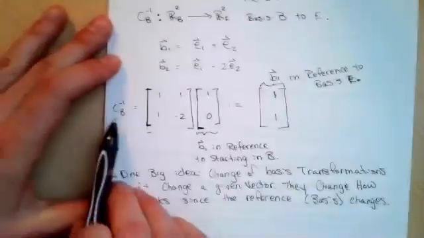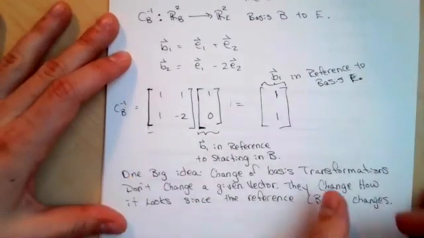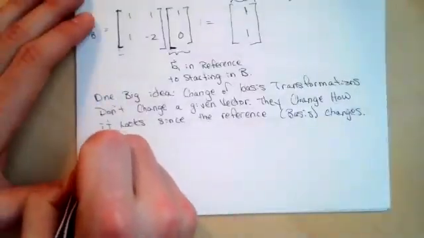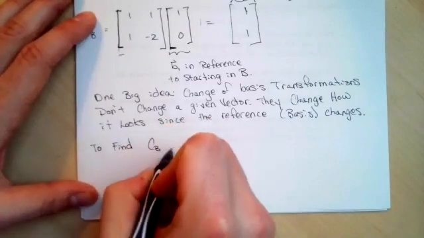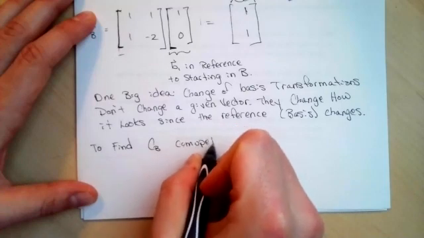And so naturally, if we want to find CB, we would compute the inverse. I can just write that there at the bottom. We would compute the inverse of that matrix.